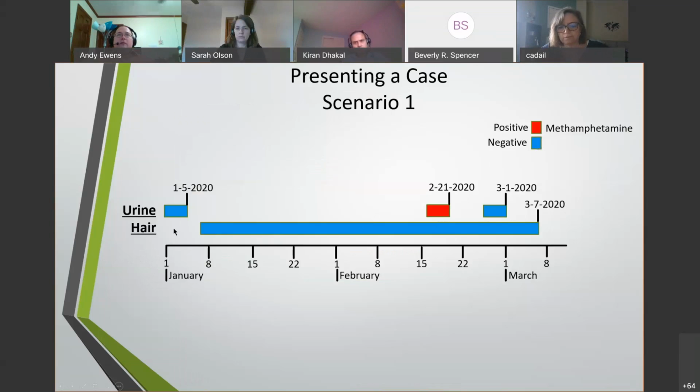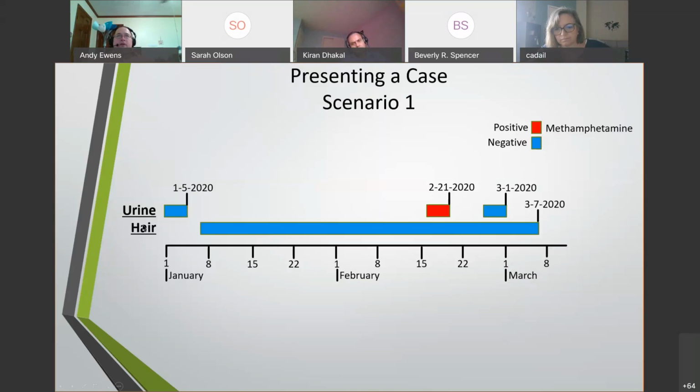We have 3 urine tests that were taken January 5th, 2020, February 21st, and March 1st. Because it's a urine test, they have a window of detection of about 3 days or so. So the size of this block is to represent about 3 days or so. And there is a hair test taken on March 7th, and that window of time usually covers about 3 months.